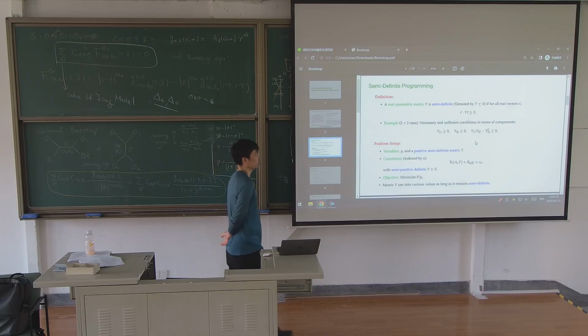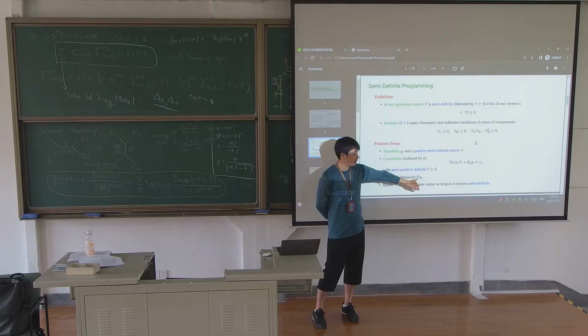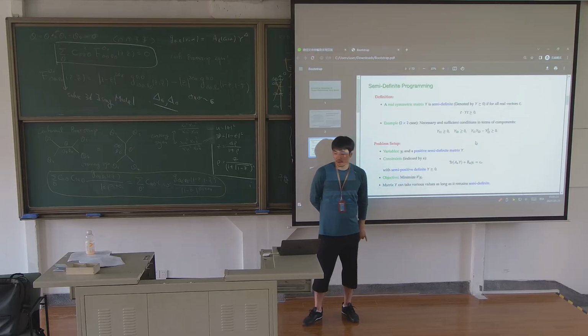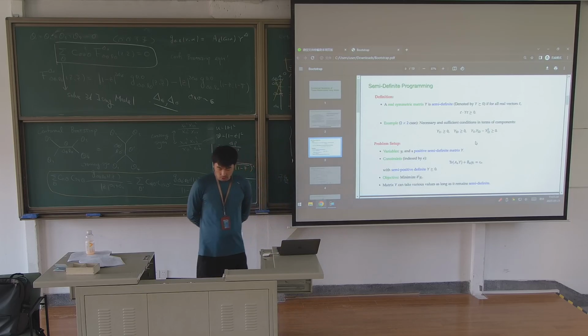Under this condition, minimize b times y, where b is some given vector. So this is called the semi-definite programming problem.